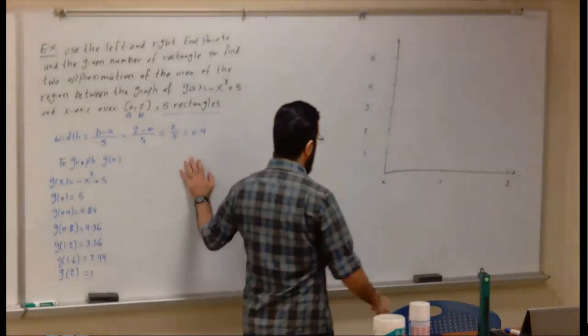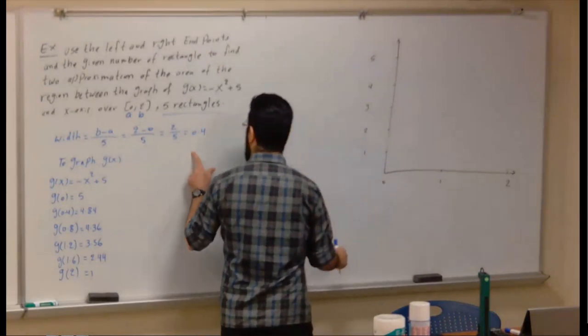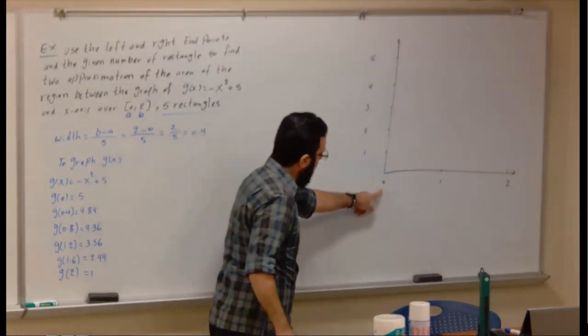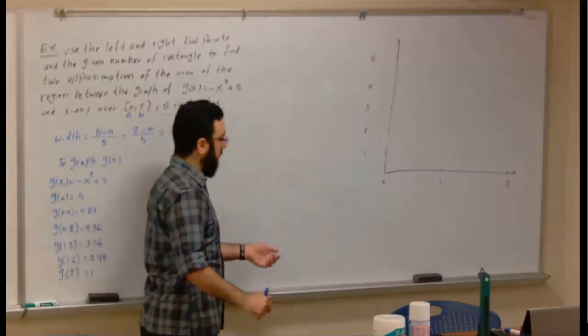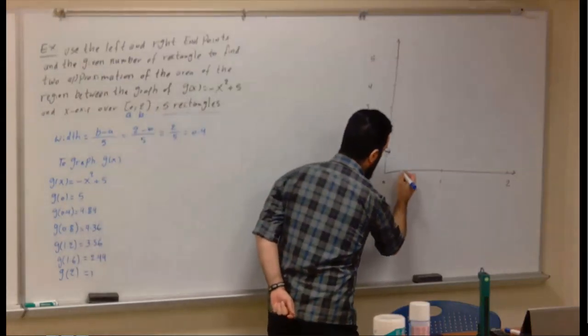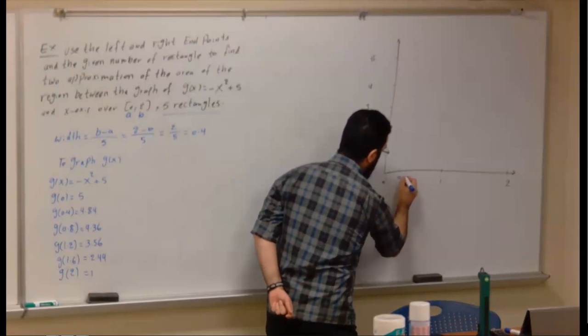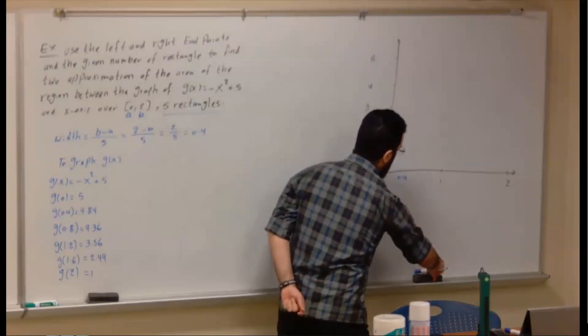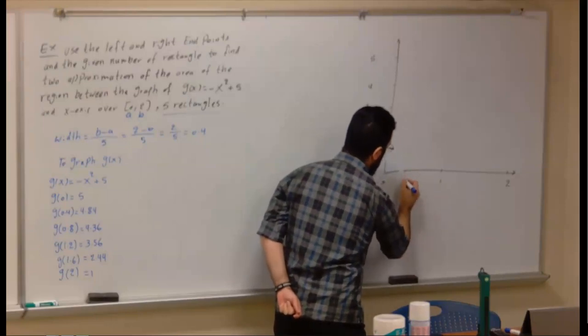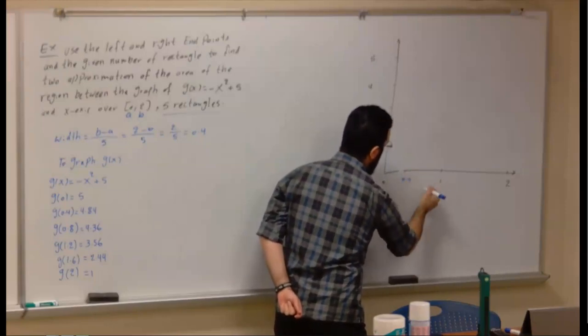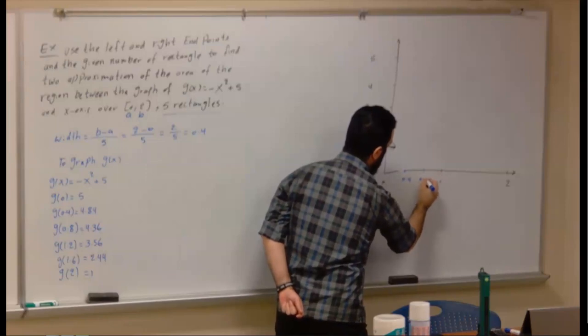That means the rectangle we're going to get here, the width, starts from the 0. And how much are you going to add? You're going to add 0.4. That means it's going to be 0 plus 0.4, 0.4. Then you add 0.4, it's going to be 0.8.